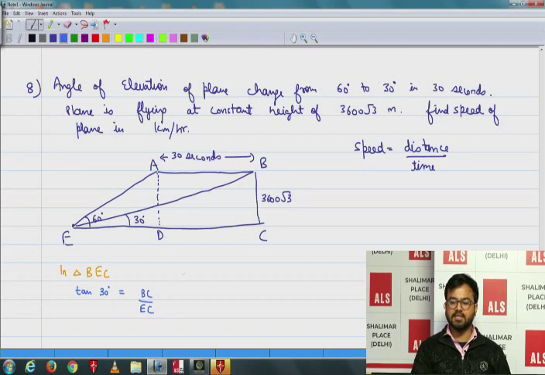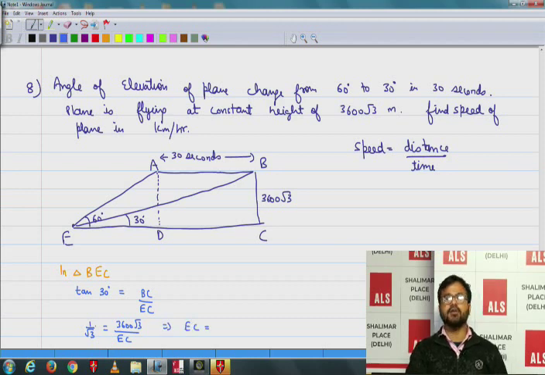So tangent of 30 degree is 1 by root 3, and the length of BC is 3600 root 3 over EC. So from here we can say EC is equal to 3600 into root 3 into root 3. Root 3 into root 3 is 3. So 36 into 3 is 108. So that is 10800 meter, EC.